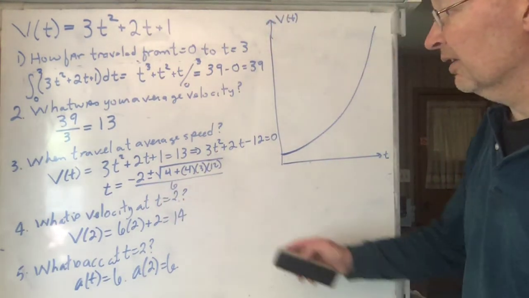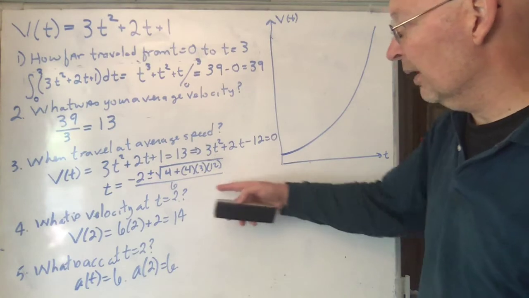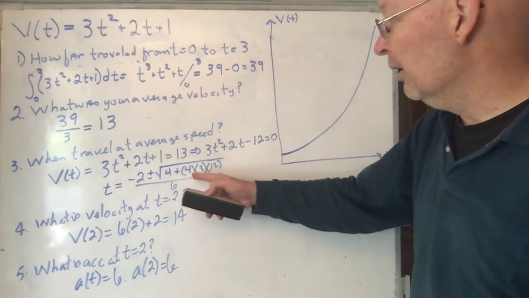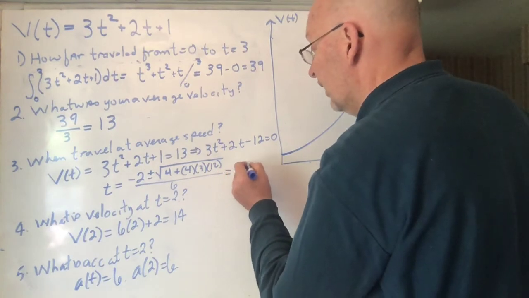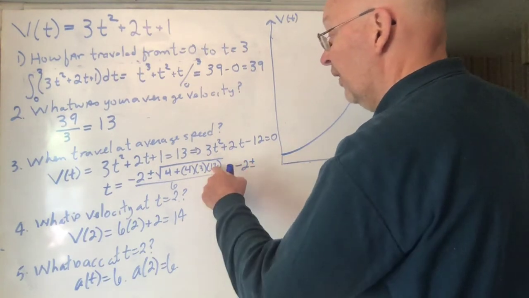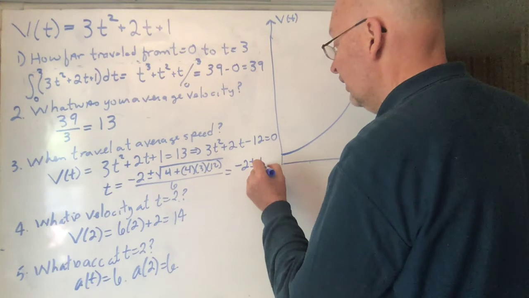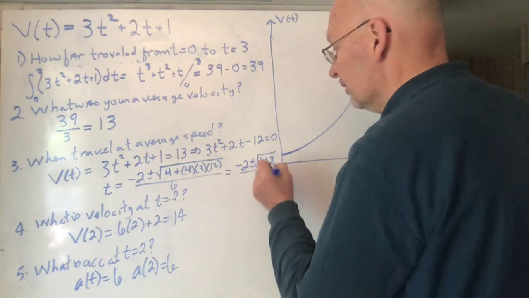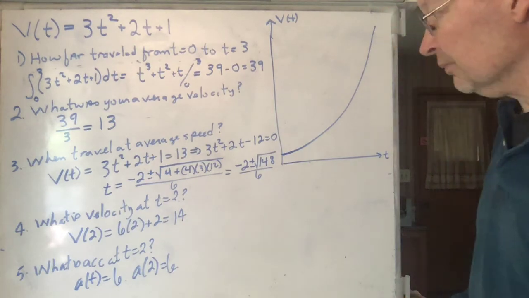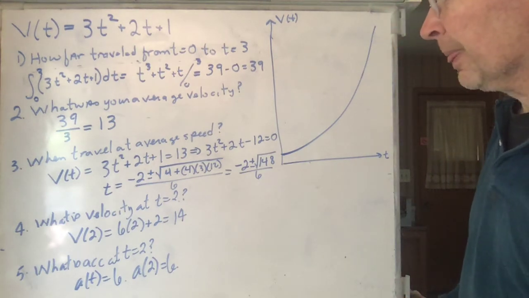Okay, and just for the sake of space, I'm not going to go further on that, but maybe I can go one step further. Negative 2 plus or minus the square root of 148, all over 6, and you can figure that out. Simplify it a little bit more.